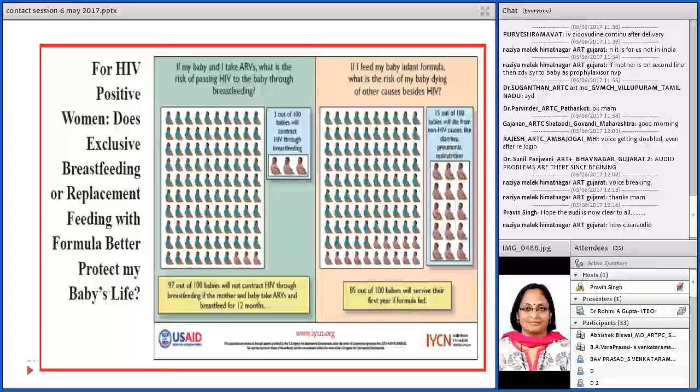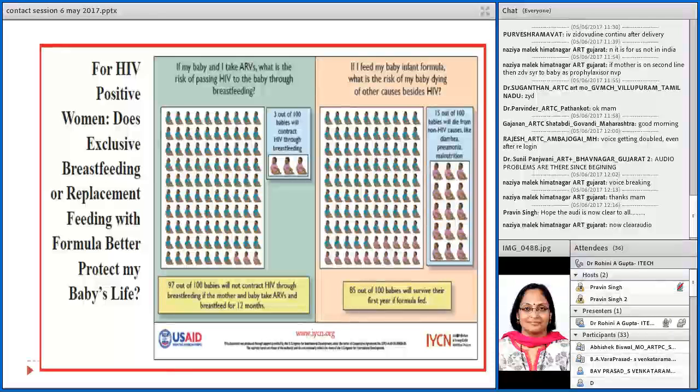But what we need to explain further to the parents is that if the mother is on ART and the baby is getting breastfed, then 3 out of 100 babies will get infection through breastfeeding.